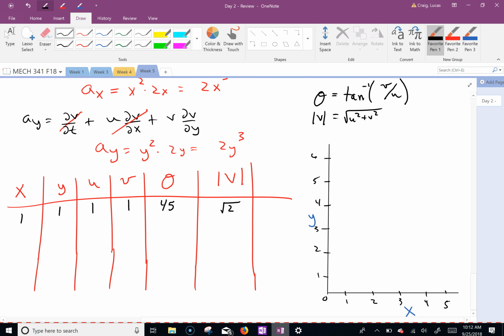So let's plot this first one. Where is it located? Right here. At what angle from the horizontal? 45.